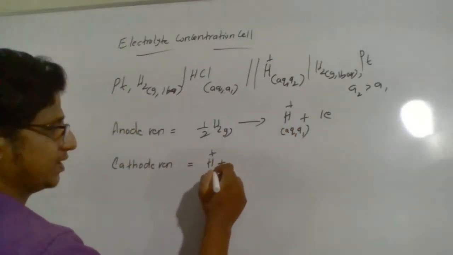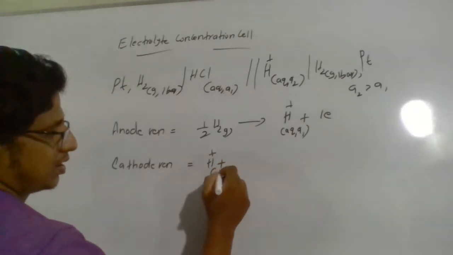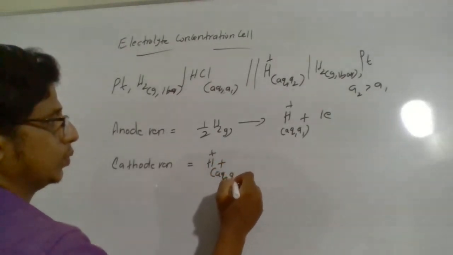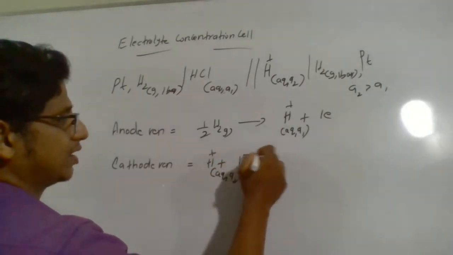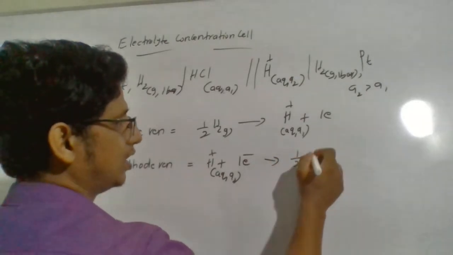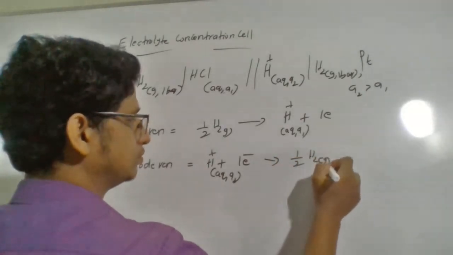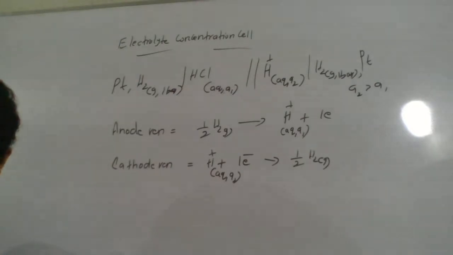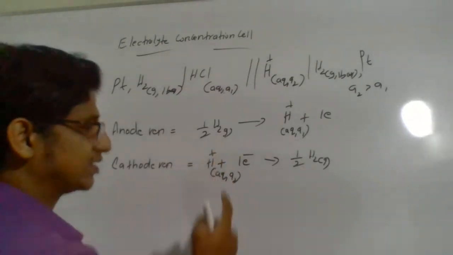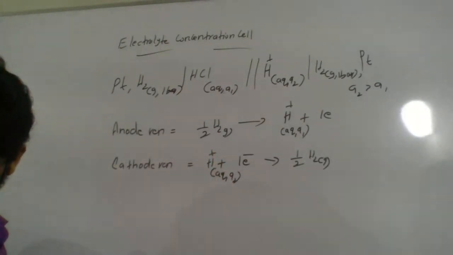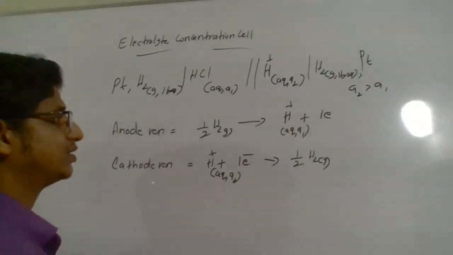And at the cathode, H plus aqueous A2 plus 1 electron gives half H2. So this is the reaction where half H2 gas is converted into H plus and 1 electron, that is the anode reaction.